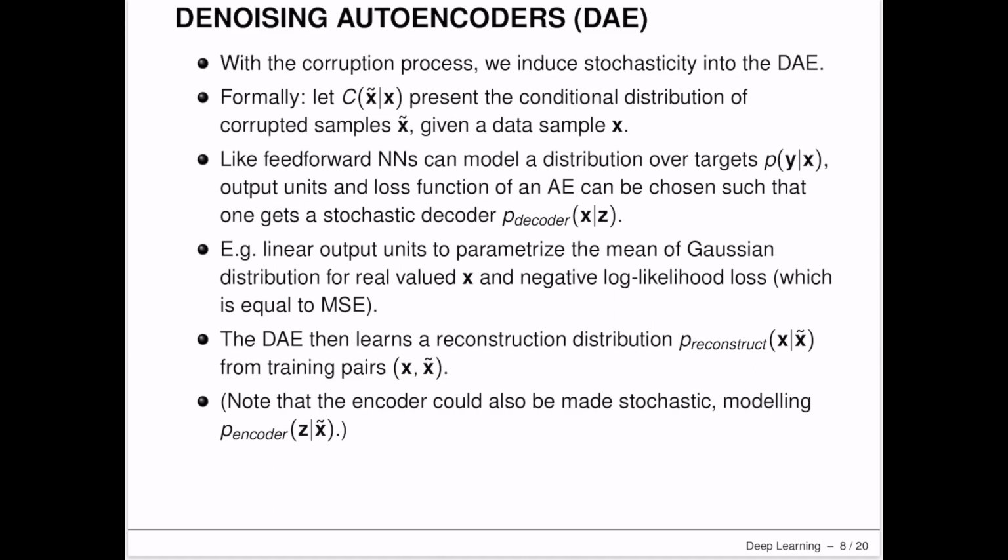As a side note, of course, we could also give the encoder a probabilistic interpretation, so we would have a probabilistic encoder giving the probability of some latent distribution given our corrupted input, but we can also keep the encoder as a deterministic mapping.